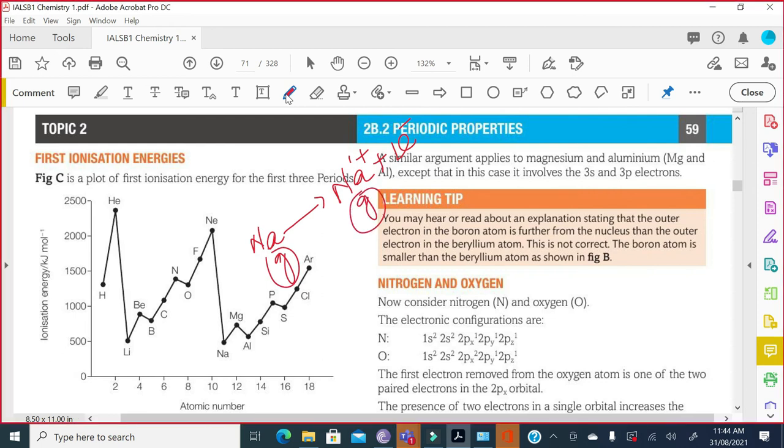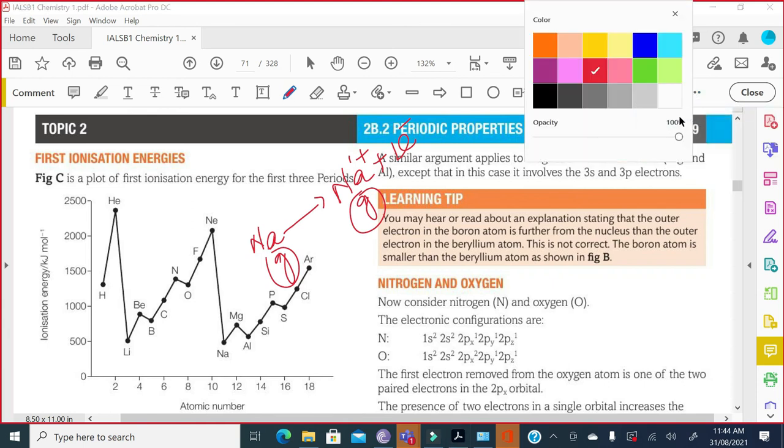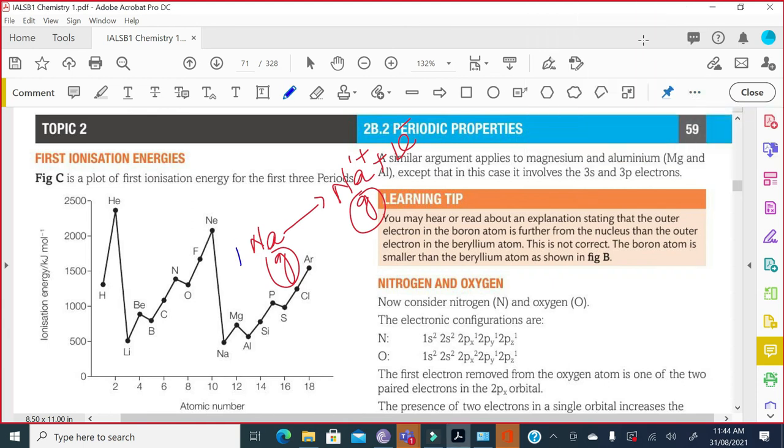How many moles of sodium are there? 1 mole of sodium and 1 mole of electrons, so everything is 1 mole. And if this reaction is happening at STP, then the first ionization energy can be explained from this equation. 1 electron is lost, that's why it is called first ionization energy.